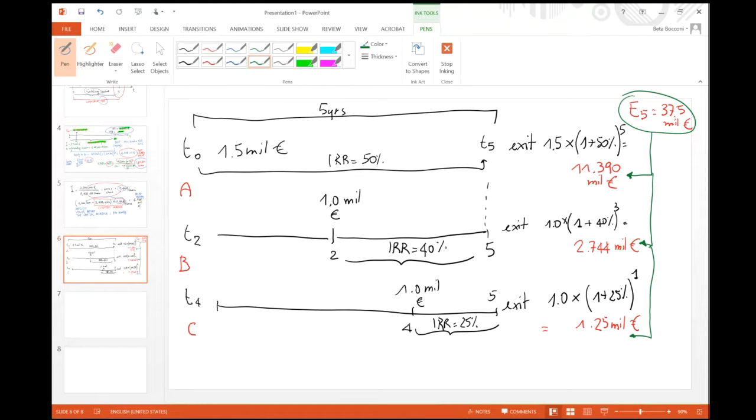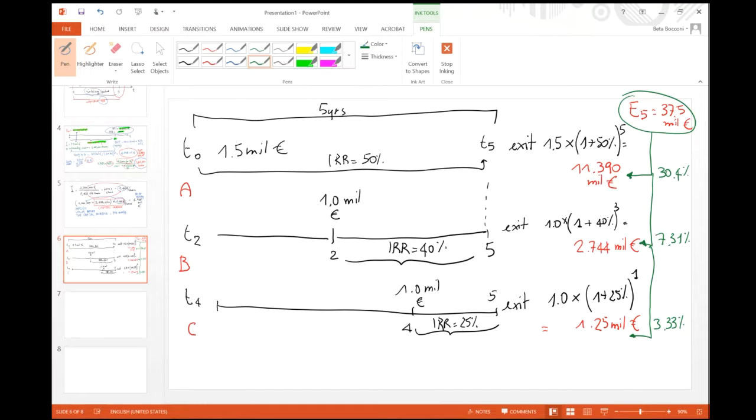You can easily imagine that these 3 investors in T5 must have a percentage that corresponds to 30.4%, first investor, the ratio between 11.39 and 27.5. The second investor must have 7.31%, and the third one 3.33%.